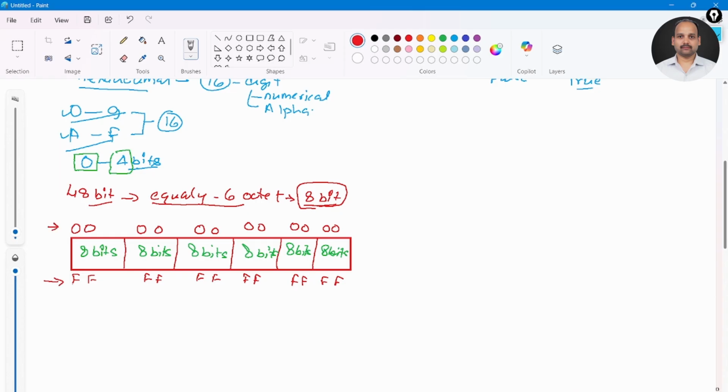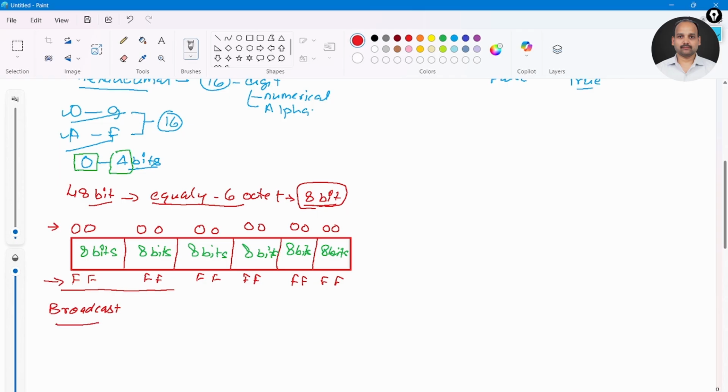Some people call the all-zero address the invalid MAC address, or call it multiple other things. But the all-F address, the last MAC address, is called the broadcast MAC address.